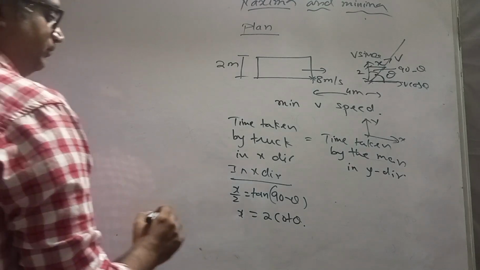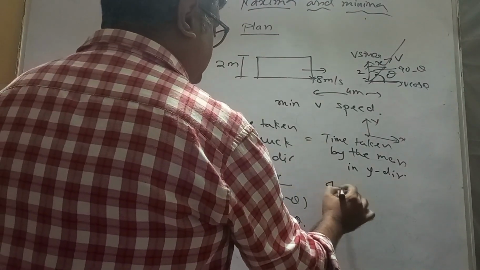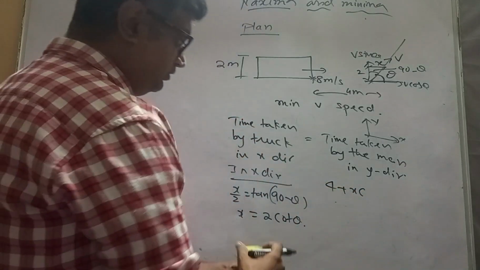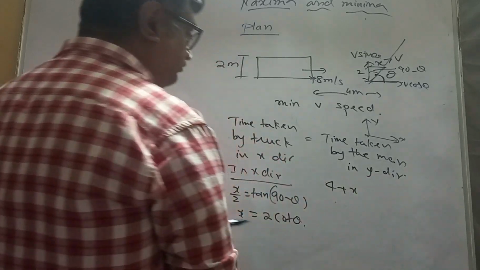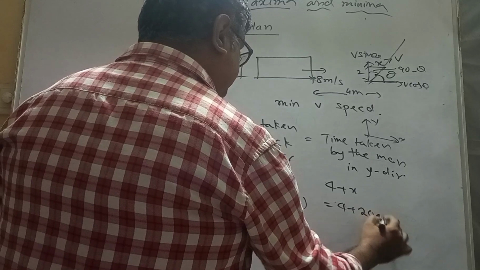So the truck has to cover how much distance? 4 plus x, which is 4 plus 2 cot theta.